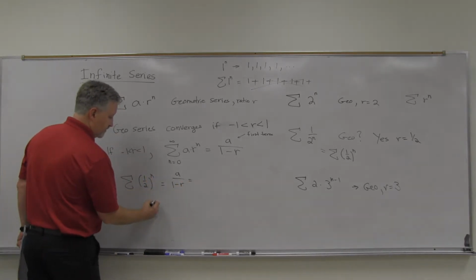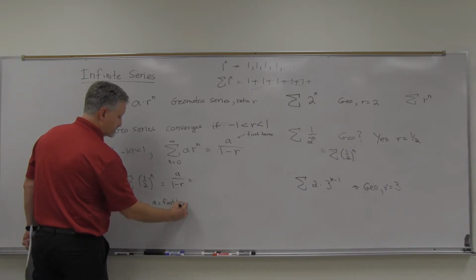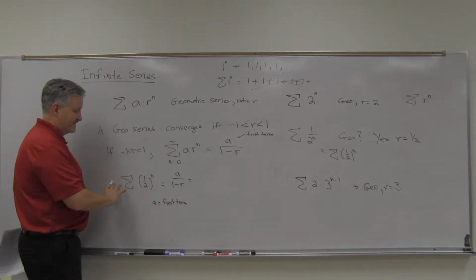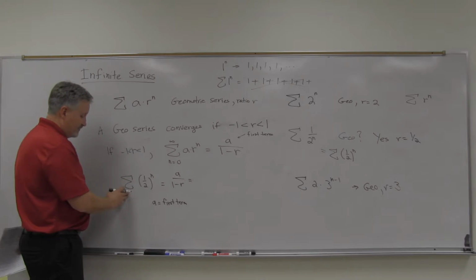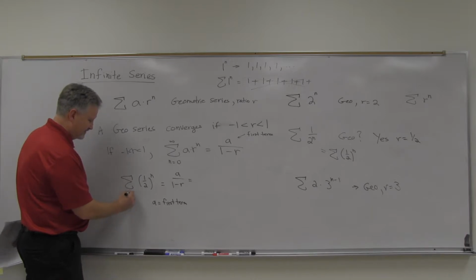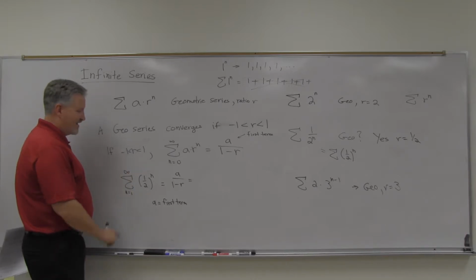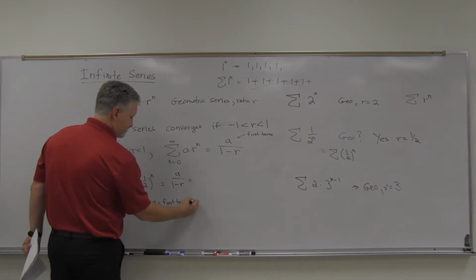The A is the first term. So what's the first term here? I didn't write the index here, but by my rule of thumb, we'll start with n equals 1 until further notice. So maybe I should put it there, just to be clear. At n equals 1 to infinity, the first term would be 1/2, right?